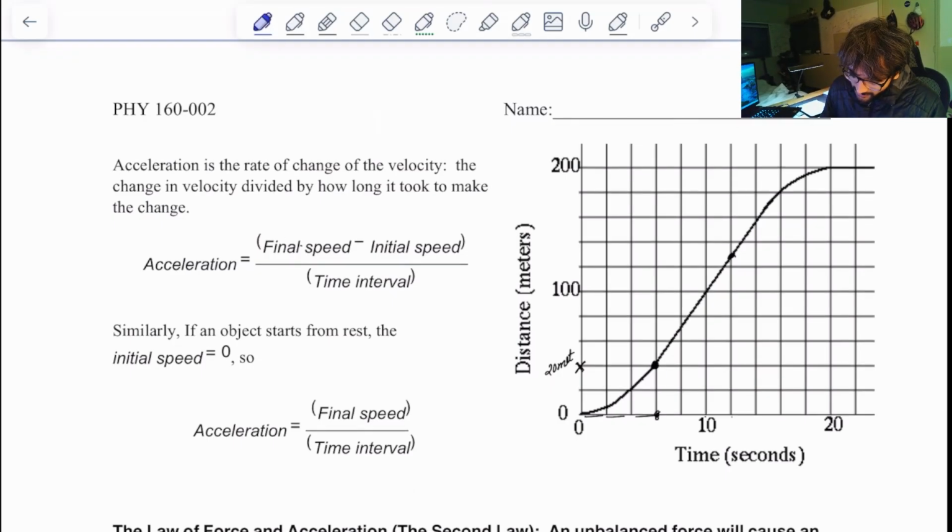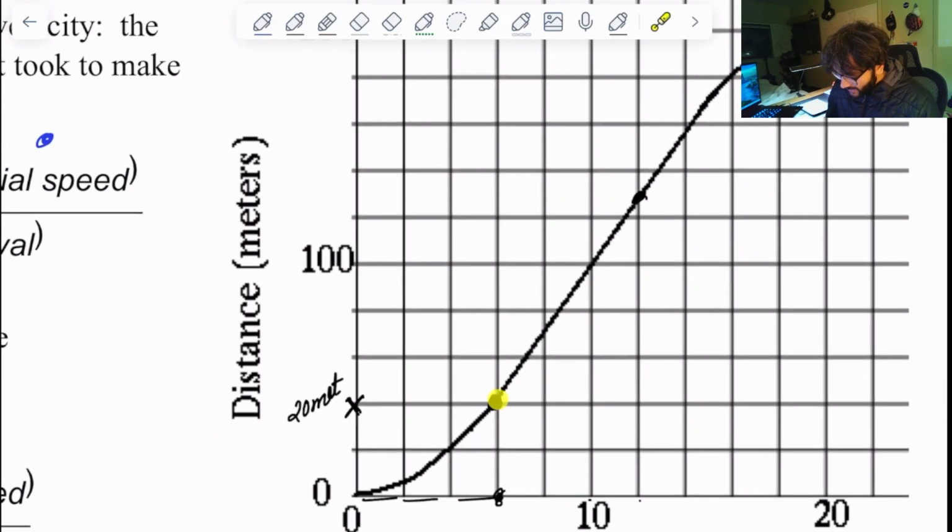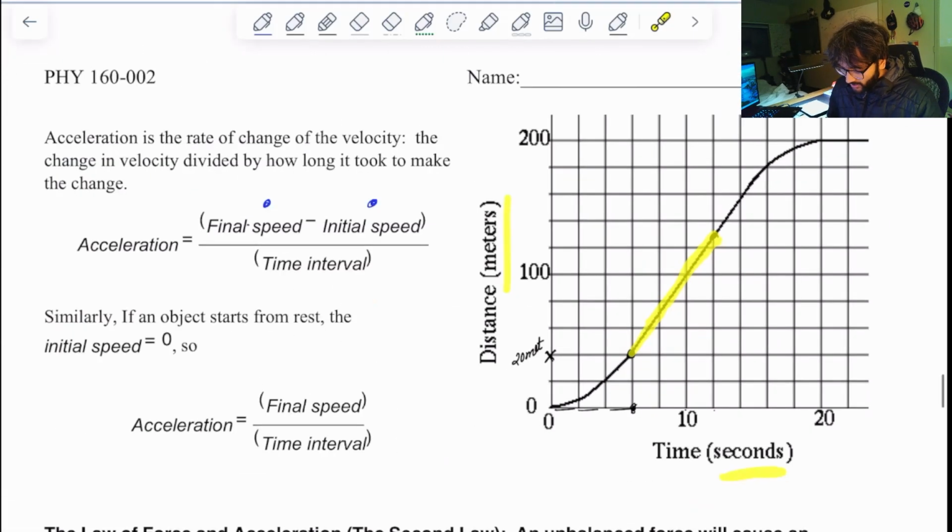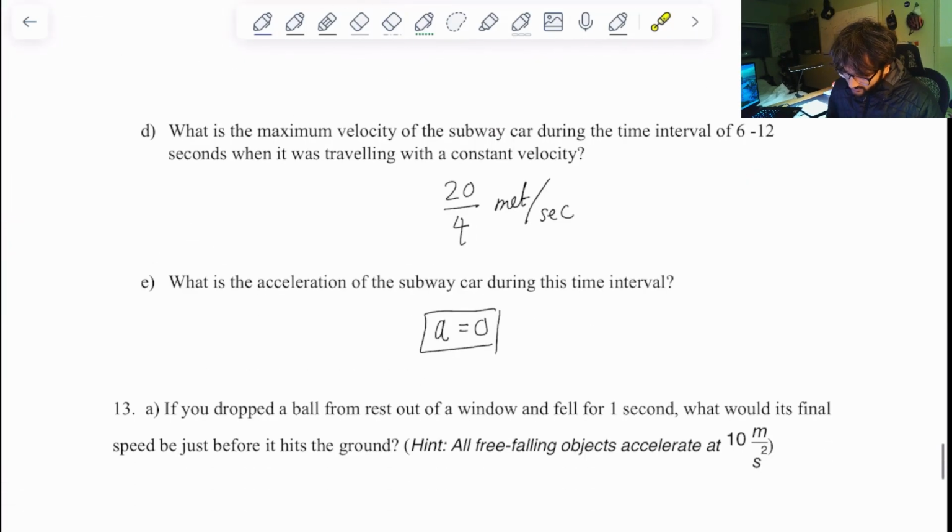Acceleration will be zero when the final velocity is the same as the initial velocity, and that's what we see. The velocity that it has here is the same velocity as at 12 seconds. This is a straight line, okay? A straight line in a distance time graph tells you that the velocity is constant. So that's why also the acceleration is zero.